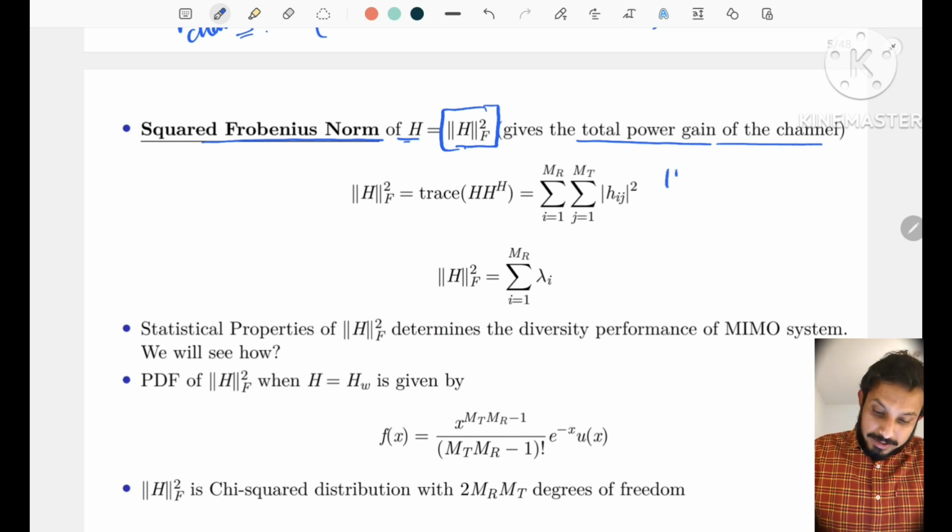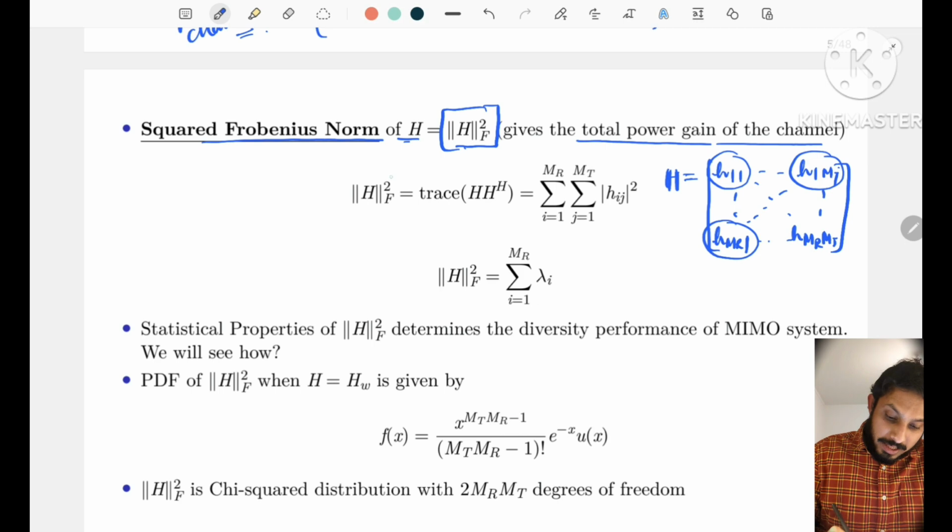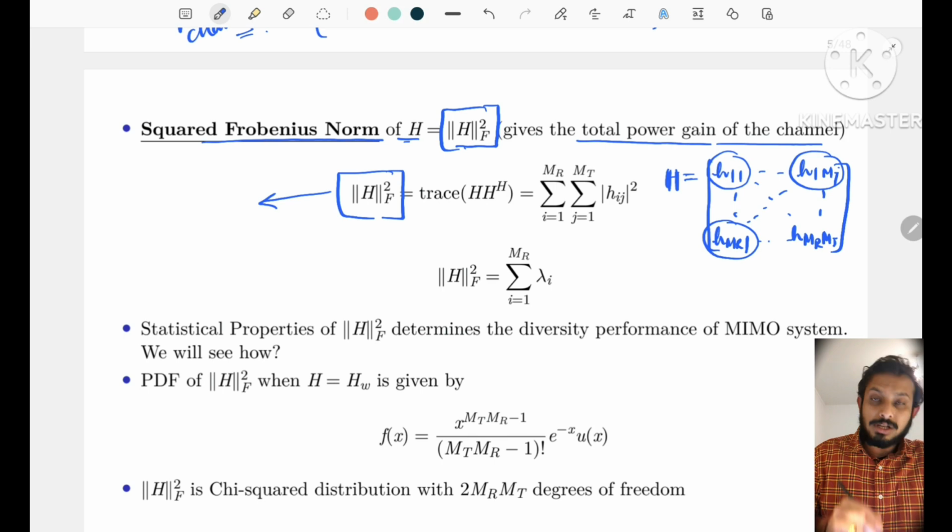If we have a matrix H with first element H11, up to H_{M_R,1}, H_{1,M_T}, and H_{M_R,M_T}, then if we compute the square of each element and add them, we get the total power gain of the channel, or the total strength in the channel.